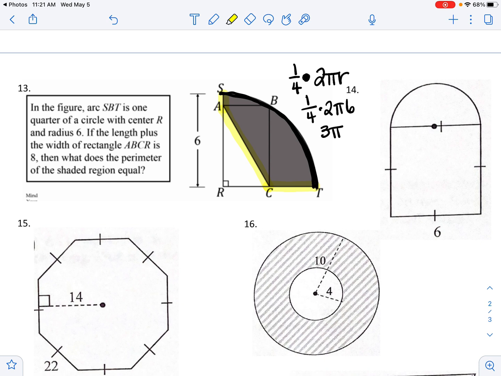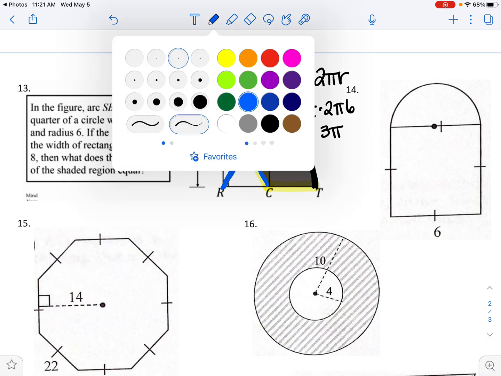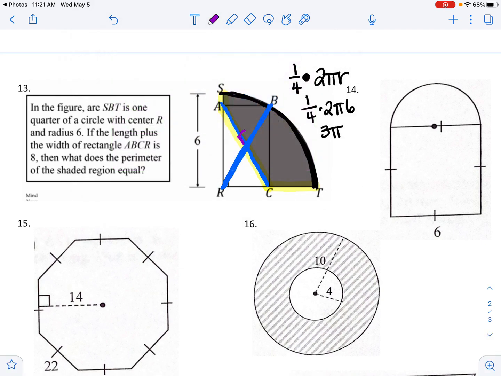Interestingly, or to many of you it's not interesting at all, but I found it interesting. Remember the diagonals of any rectangle are equal to each other. From the center to the outside edge is called the radius of a circle.